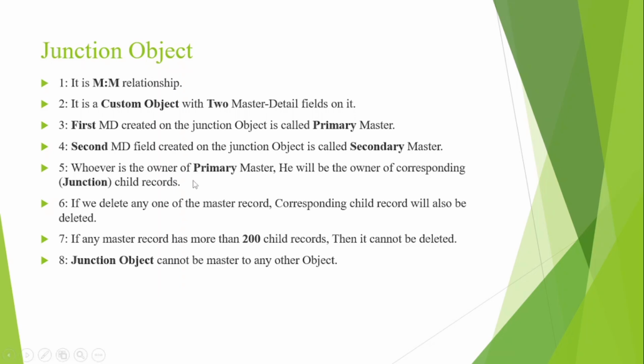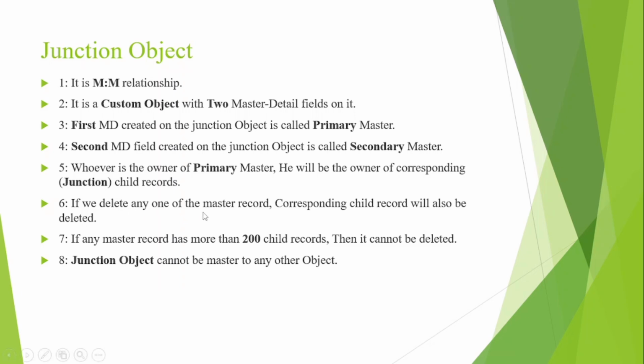Whoever is the owner of the primary master will be the owner of the corresponding junction child records. What does it mean? When we create the first master detail relationship, it is connected with the first parent. So the first parent will be the owner of the whole record.